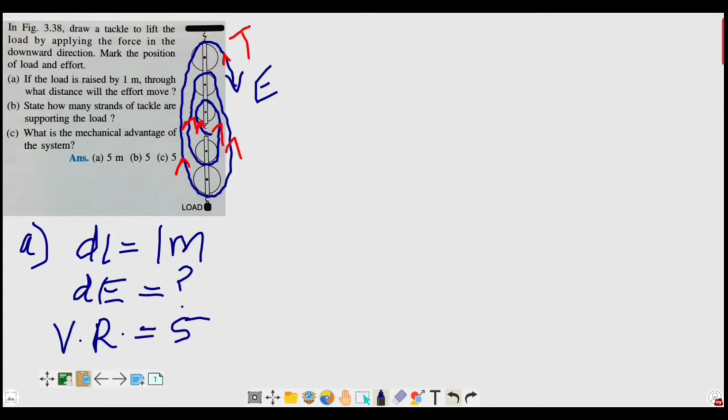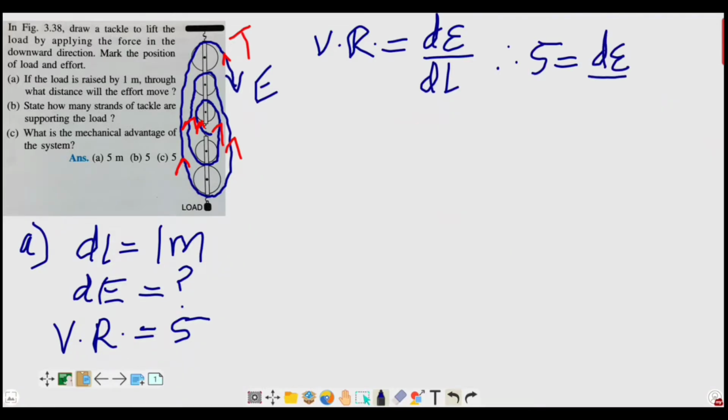There are 5 pulleys, so VR is 5. VR is displacement of effort upon displacement of load. So 5 equals displacement of effort upon 1. So your displacement of effort will be 5 meter.